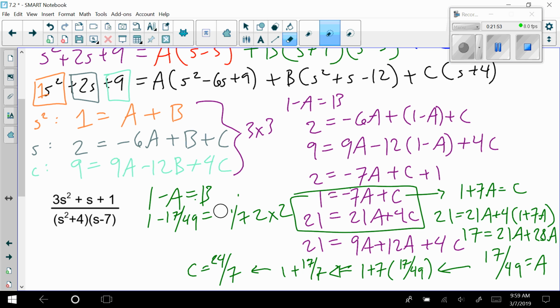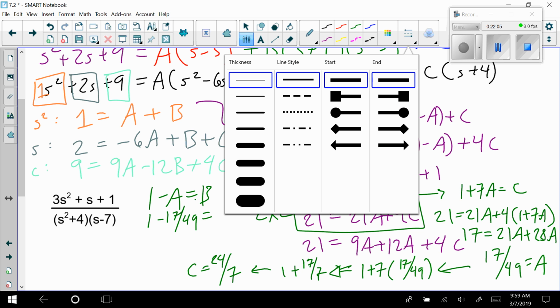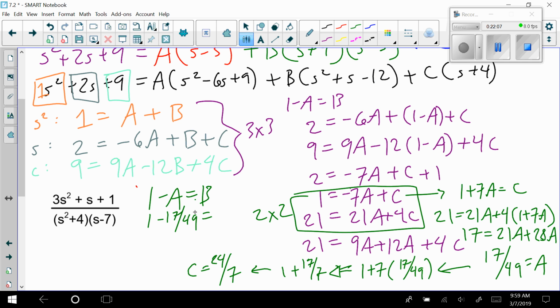I don't feel very good about that. Let's see here. 24, yeah, this thing right here is right. So it's 1 minus 17/49, well, that's 32 I would need. So this is 32/49 equals my b. So I have b, I have c, and I have a.